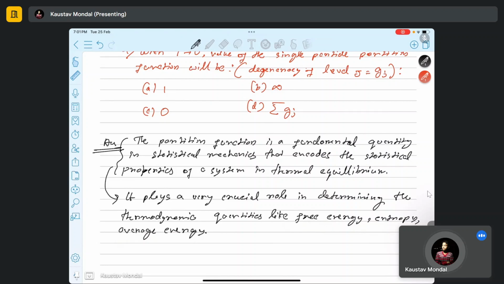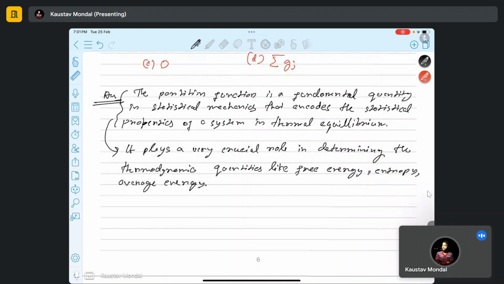Now let me write the expression of the partition function.